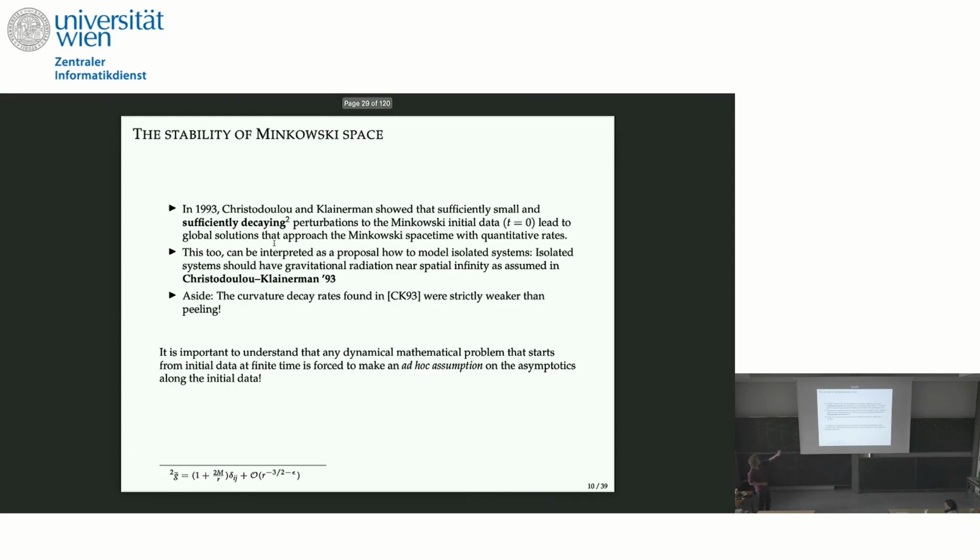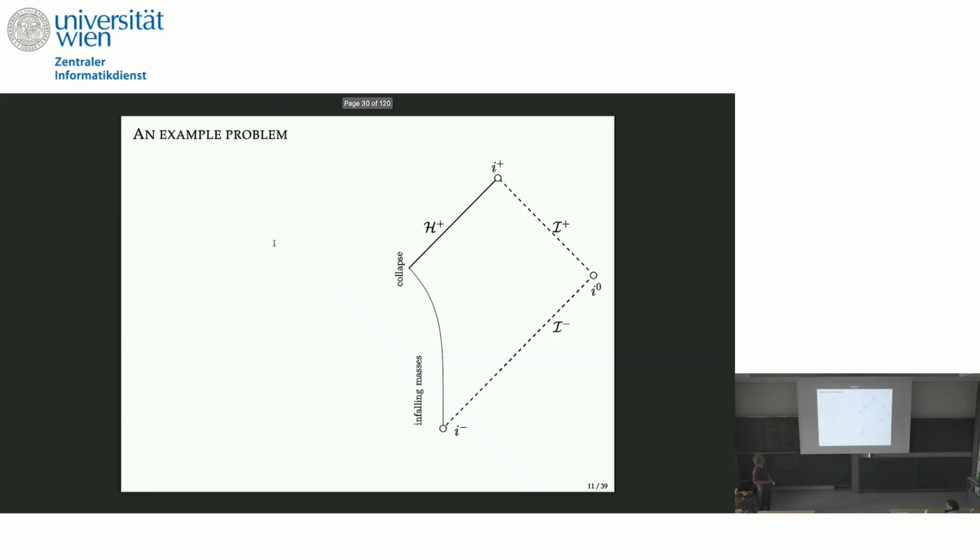Okay, so these were a couple of proposals for how to model isolated systems. Now let me round this up into a more global picture where these questions would come up naturally. Let's say we have some spacetime which gravitationally collapses to a black hole, and we have a gravitational wave detector sitting at null infinity, and we try to measure the radiation at late times.